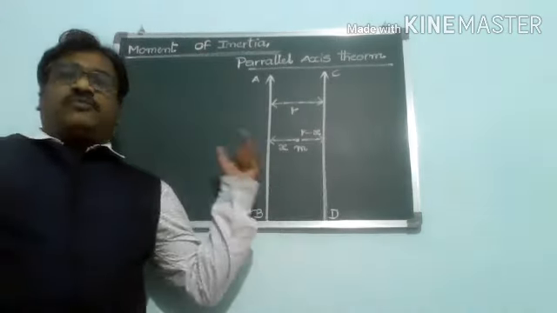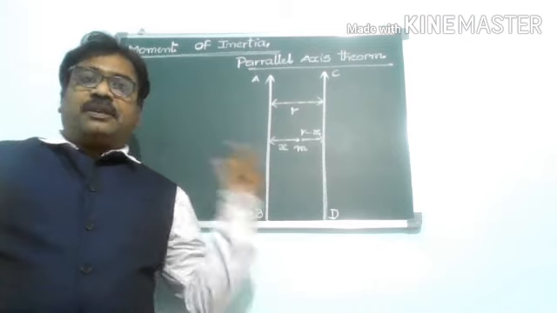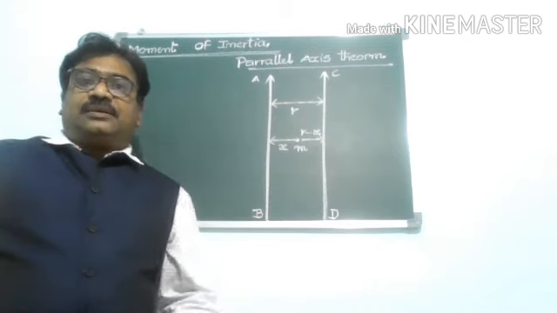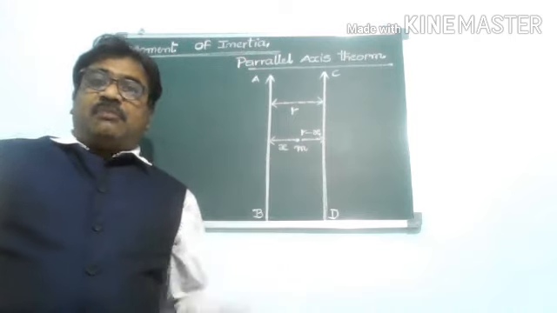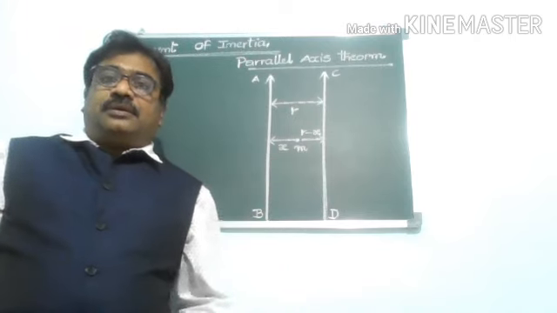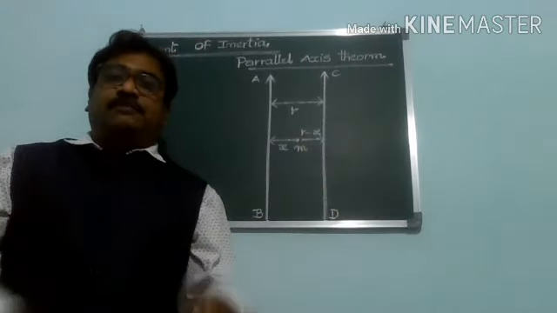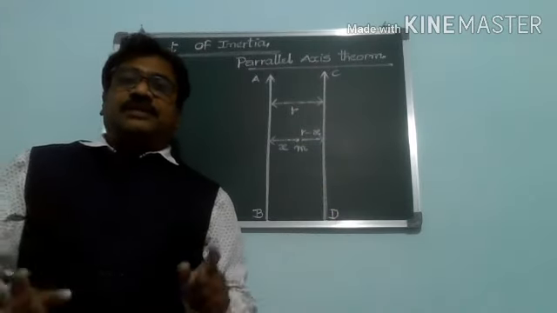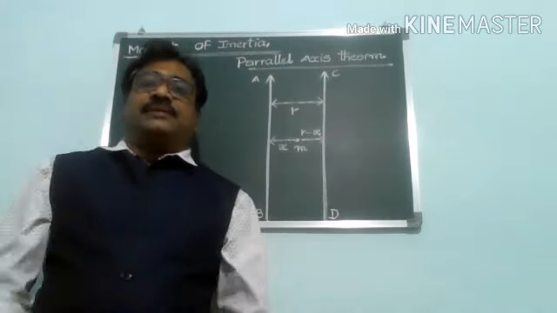As a part of moment of inertia, I am going to explain the parallel axis theorem. The parallel axis theorem indicates that the moment of inertia about one particular axis equals the moment of inertia about another parallel axis plus the product of the mass of the object and the square of the perpendicular distance between the two axes.